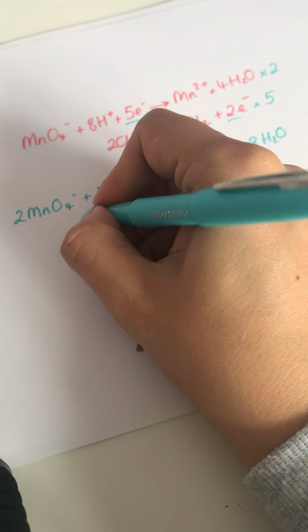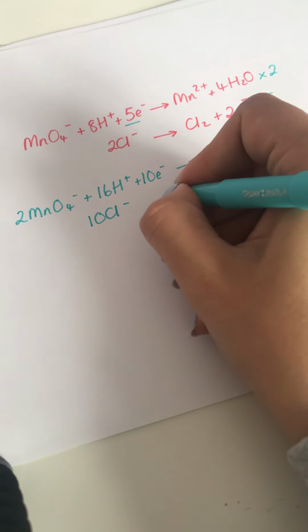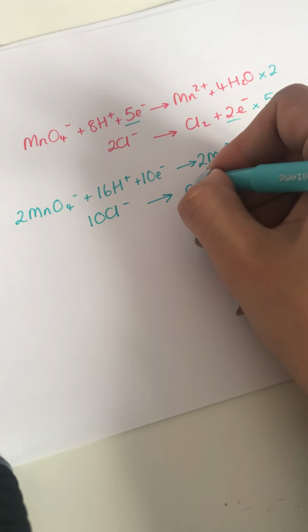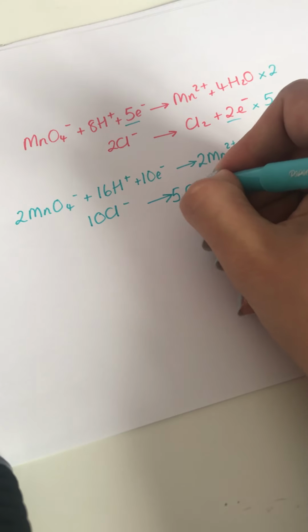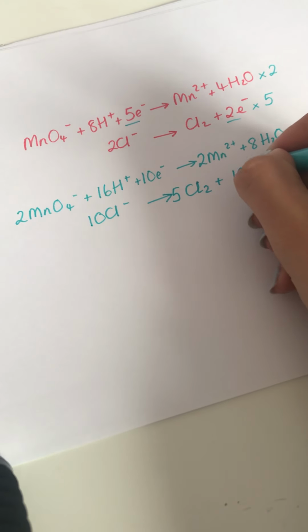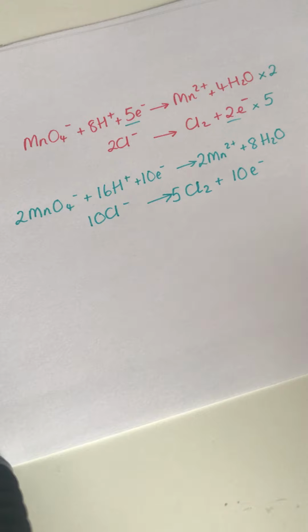The bottom one will become 10 Cl- produces 5 Cl2 and 10 electrons. So now I've got the same number of electrons on either side of my equation.